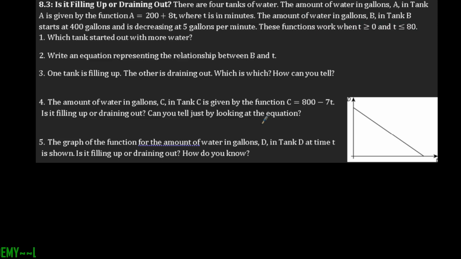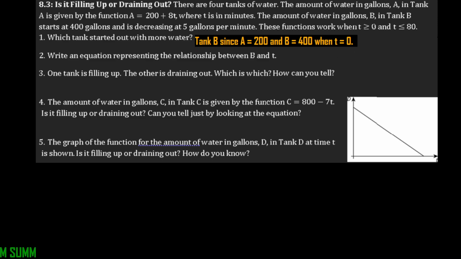These equations work when t is greater than 0 and less than or equal to 80. Which tank started out with more water? Tank B started out with more water, since A equals 200 and B equals 400 when we start out.